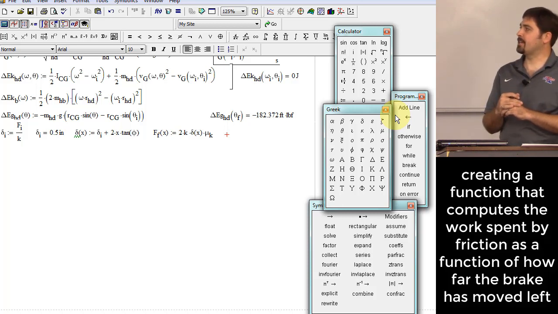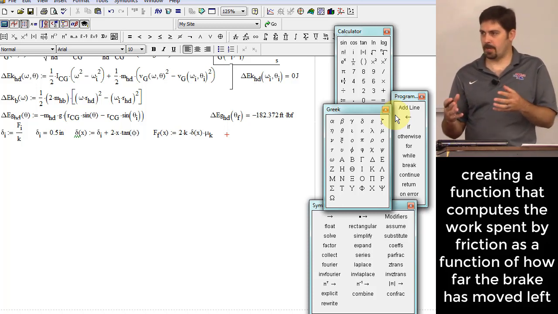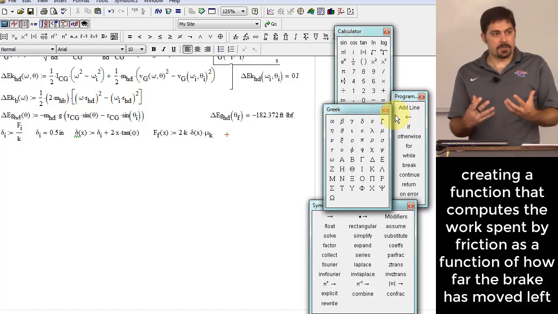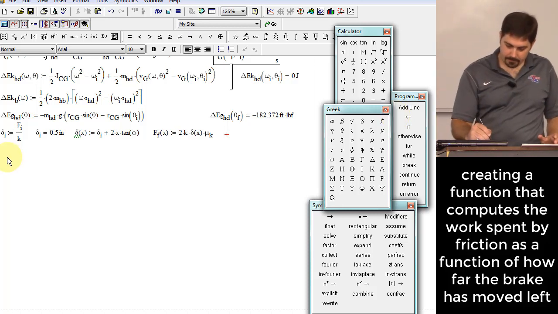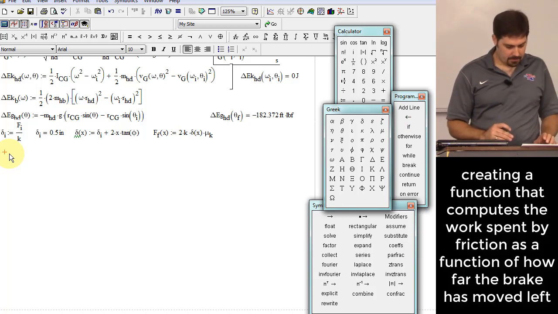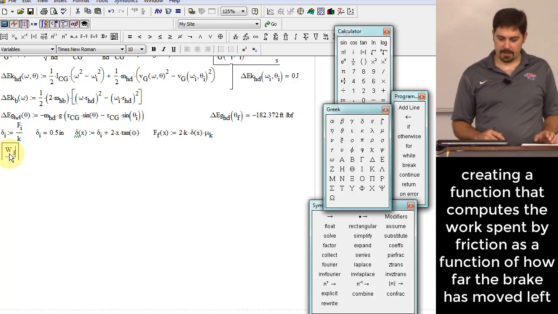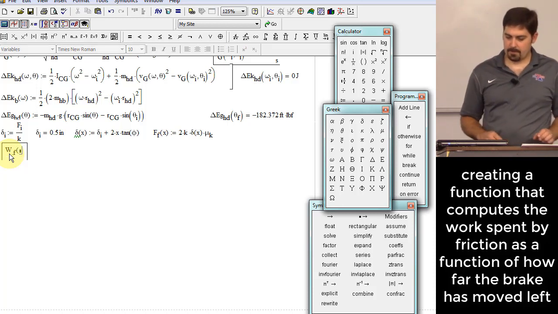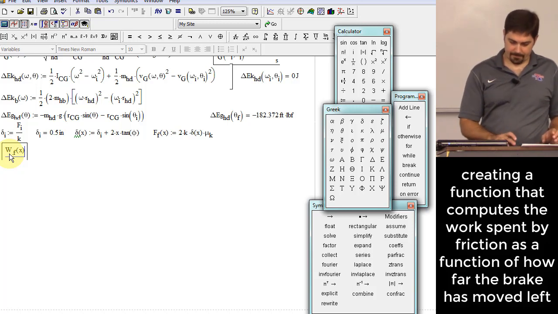There's a couple things I can now do. One of them was someone said we should evaluate friction. We should evaluate the work done by friction, right? Friction is a non-conservative force. It's something that actually gives up energy as we go. So maybe I'll call that W sub F, and I'll do that as a function of x.